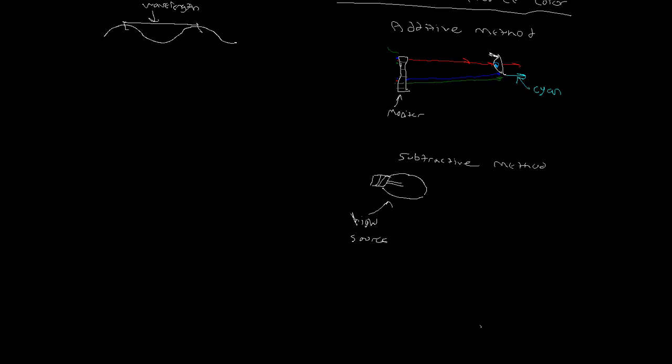And instead, what we have is a piece of paper, and on that paper there's going to be some ink. Light of all the different wavelengths comes in and hits that ink.